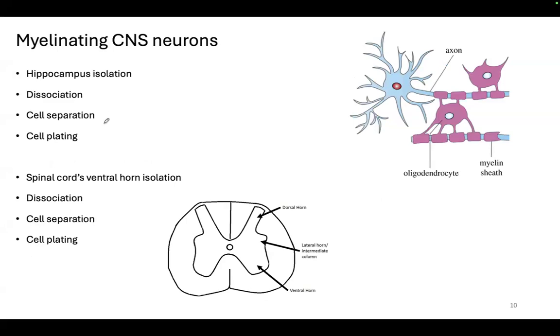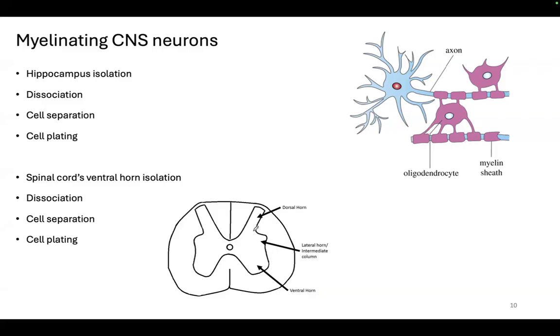From the central nervous system, we'll talk about two cases. Again, now you know what you're doing. In case of the hippocampus, you take out the hippocampus, dissociate, separate the cells, take whichever one you want, and then you're plating. If instead of the brain you want to look at the spinal cord, remember we saw this diagram in the first slide today.